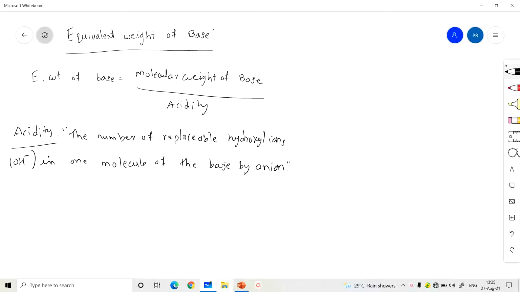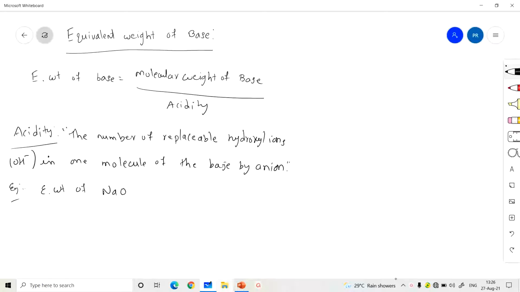Basicity, as we have seen, is the number of replaceable H plus ions, hydrogen ions, in one molecule of acid by cation. Acidity means the number of replaceable hydroxyl ions in one molecule of base by anion. So, an example we will see.